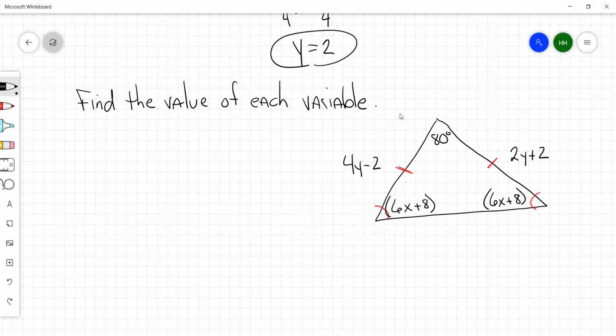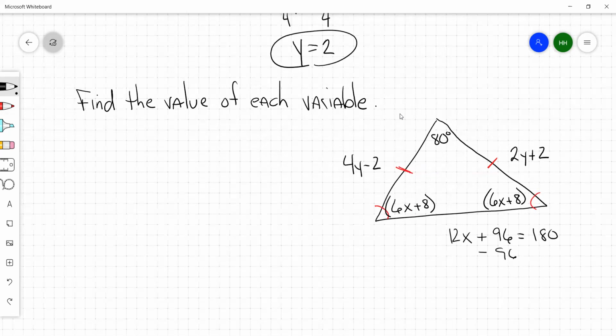So what do all the angles have to add up to? 180. So I'm going to do, what's a 6x plus another 6x? That's a 12x. And then we got 80 plus 8 plus 8. 80, say again. Very good. And that's all equal to 180.